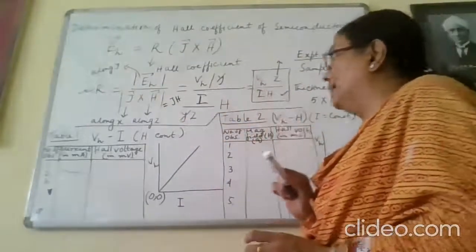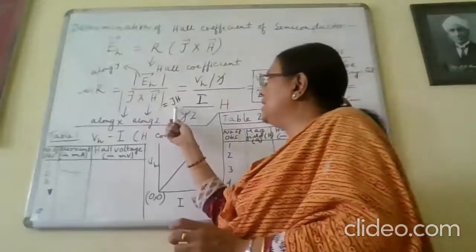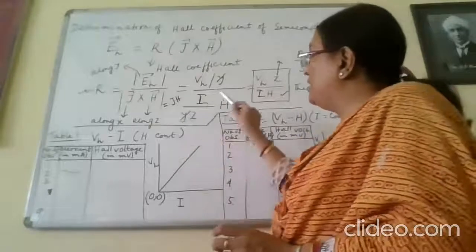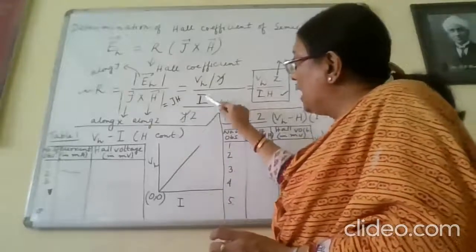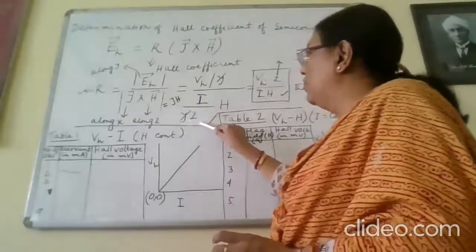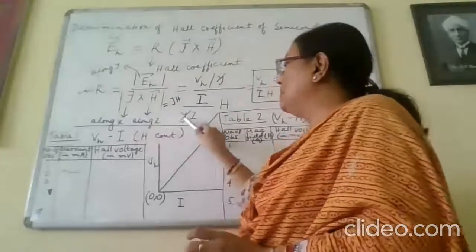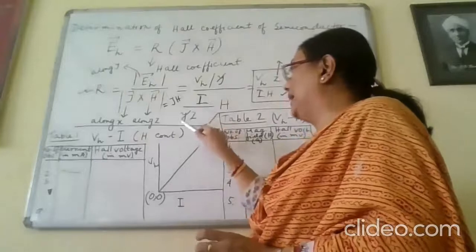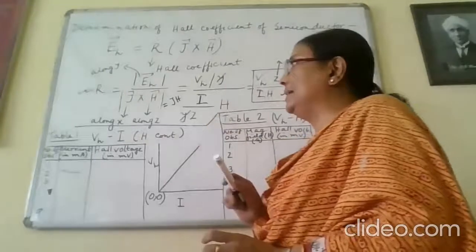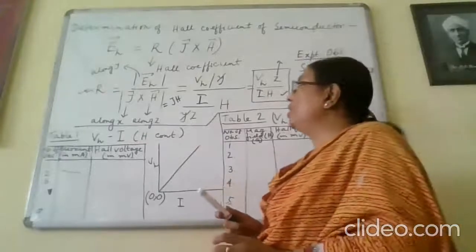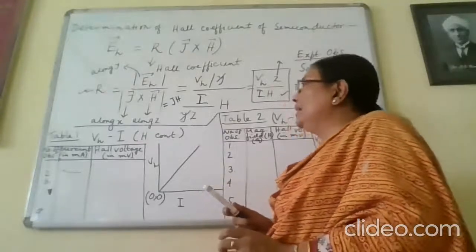VH by Y. Now J is the current density. What is current density? Current per unit area. So I by YZ. Why YZ? Because the current is along X, so the perpendicular area is YZ. And for which are you considering? We are considering the semiconductor crystal.